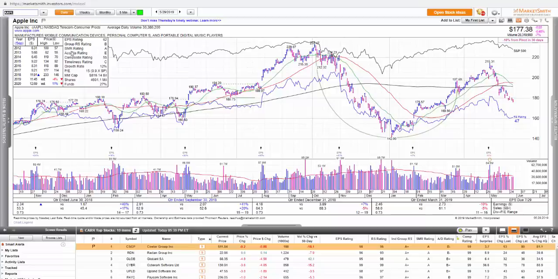SMR rating is unique to MarketSmith and to Investors Business Daily. It is their sales, margins, and return on equity rating. So they combine those three things together. Sales are hugely important. If you're looking for strong growth stocks, there are all kinds of ways of fudging the earnings growth, but the only way to gain in sales growth is to sell more of your product.